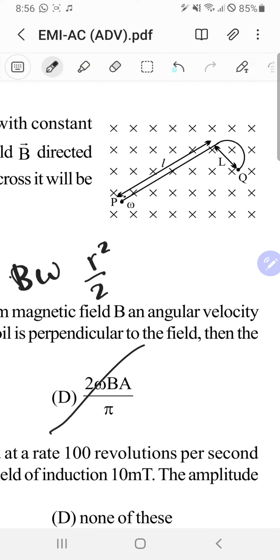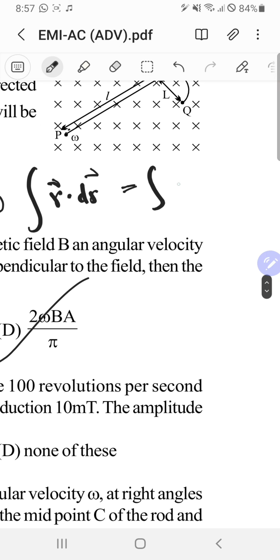Wait a second. R dot dr. Yeah, well, this integration r vector dot dr vector, you know what I'm going to say? It's like integration of magnitude of r dot d magnitude of r.